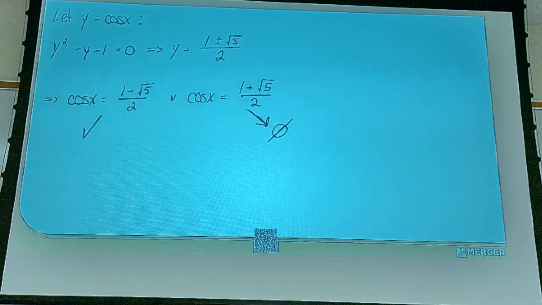That's not good. Huh? It's less than 1? 1 minus root 5 over 2 is between -1 and +1, which means that does have a solution.